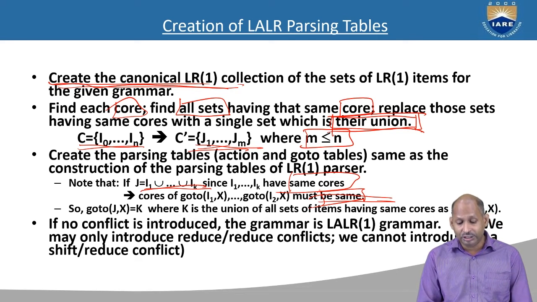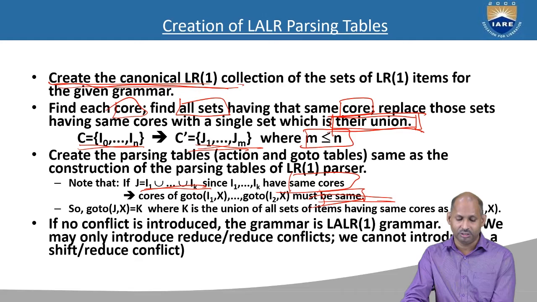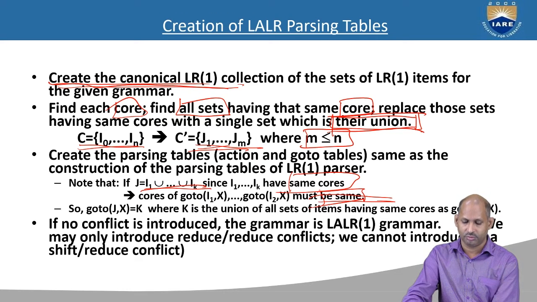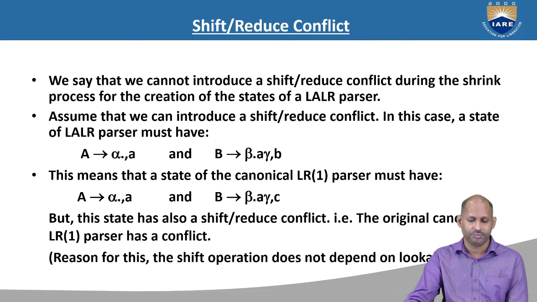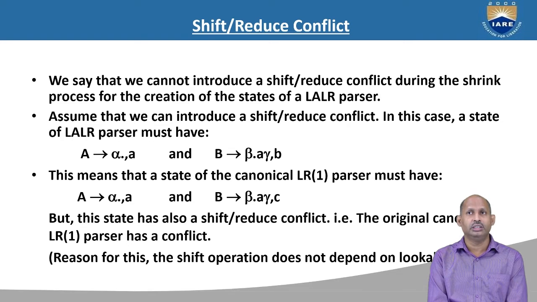Then it must be free from reduce-reduce conflicts or shift-reduce conflicts. Otherwise, we can say it is not an LALR1 grammar. By combining these states, it will not result in shift-reduce conflicts.